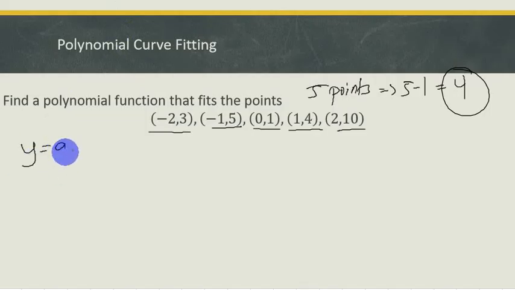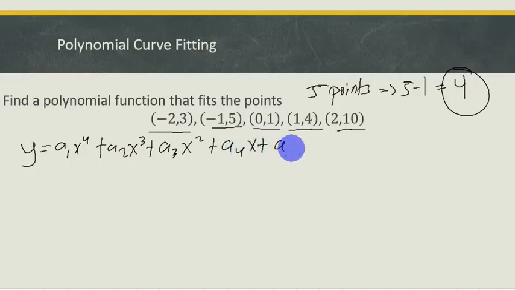y is equal to a sub 1 x raised to 4 plus a sub 2 x cubed plus a sub 3 x squared plus a sub 4 x plus a sub 5. So, using this polynomial model, we can now plug in the values.